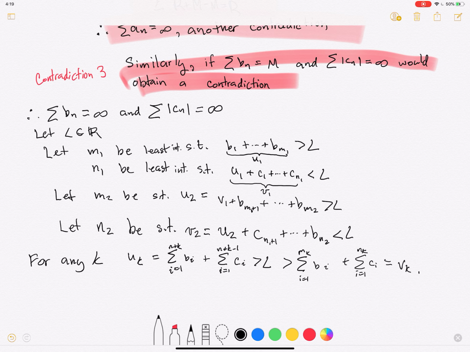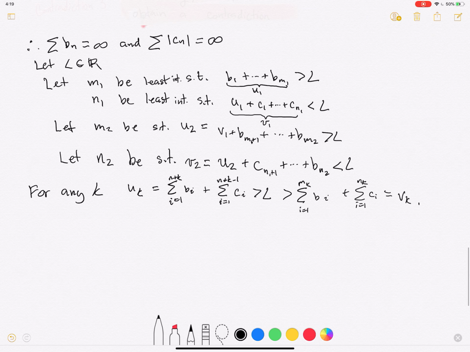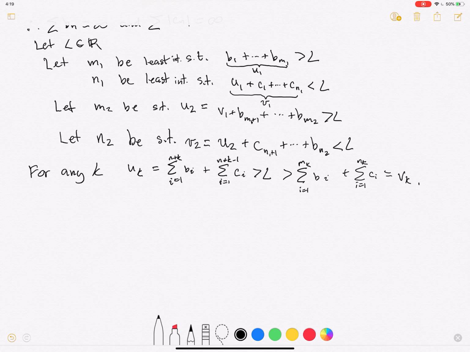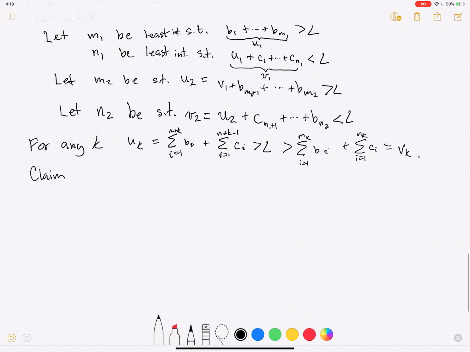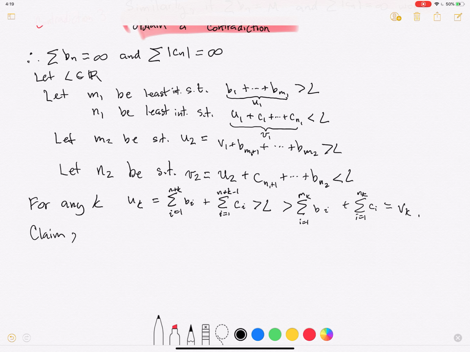So we're just going to repeat this process over and over again. Now we claim that this rearrangement will give us L, the real number we defined above.